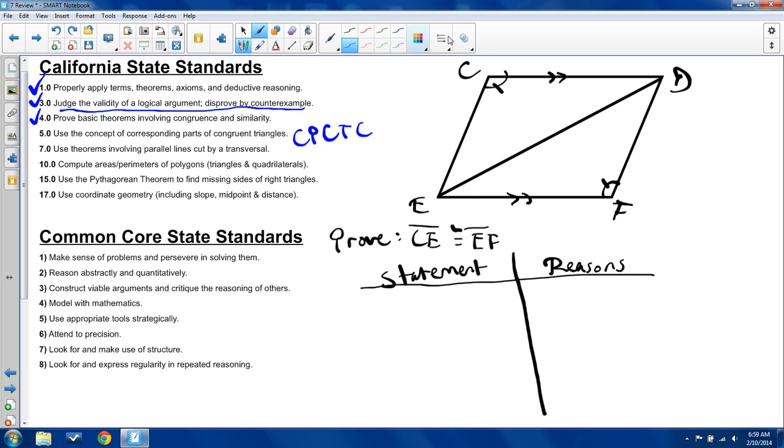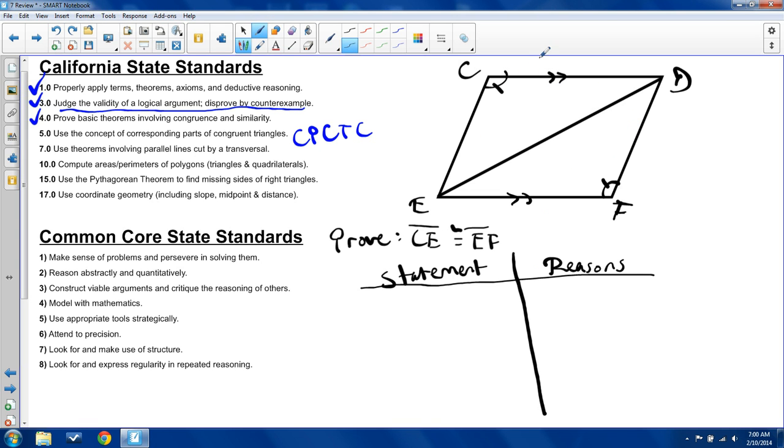In a parallelogram, we would know that CE is congruent to DF. The problem is, in this case, we don't know this is a parallelogram. So this is kind of deductive reasoning if you think about it. In order to prove that these are congruent, I can maybe do something such as prove that this is a certain kind of shape.